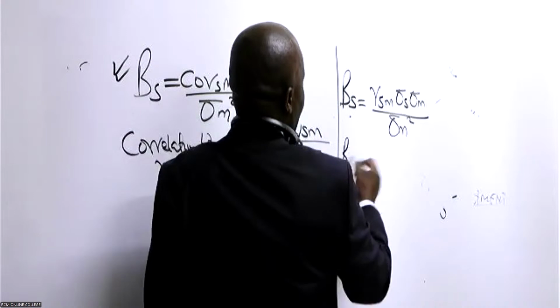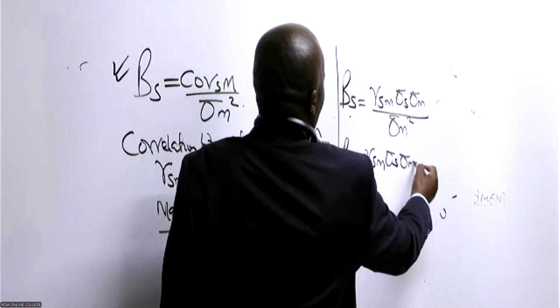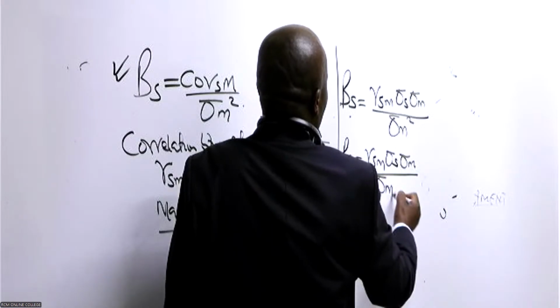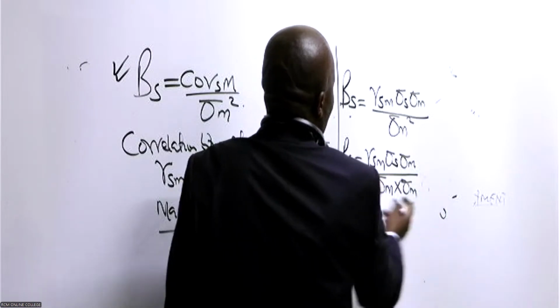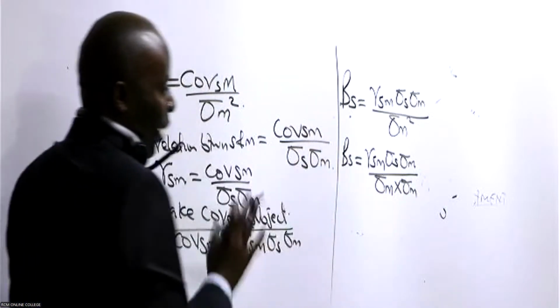So beta S will be equal to RSM, standard deviation S, standard deviation M, over standard deviation M times standard deviation M, because standard deviation M squared is standard deviation M multiplied by standard deviation M.